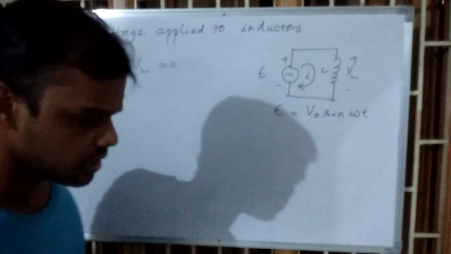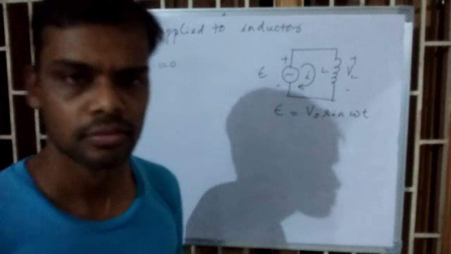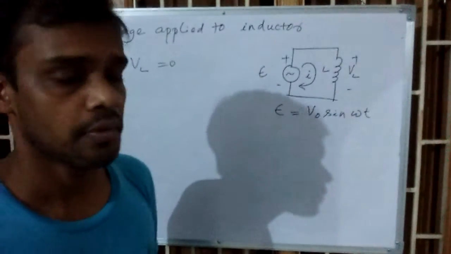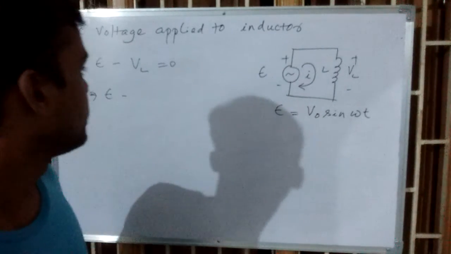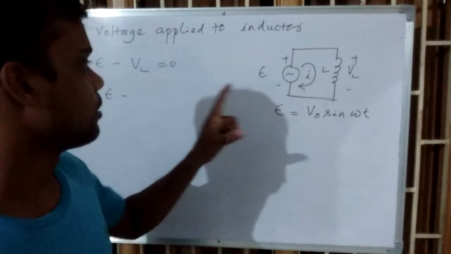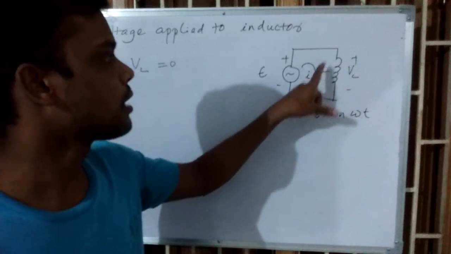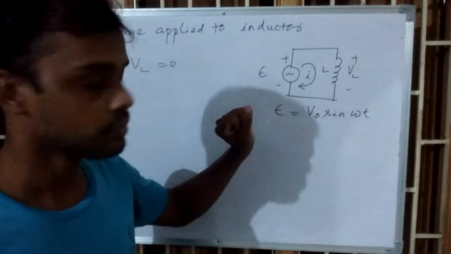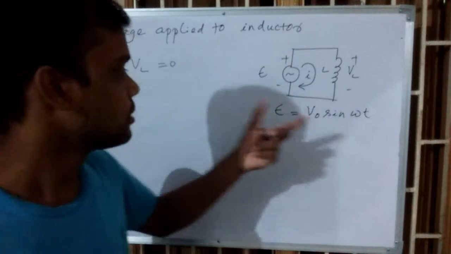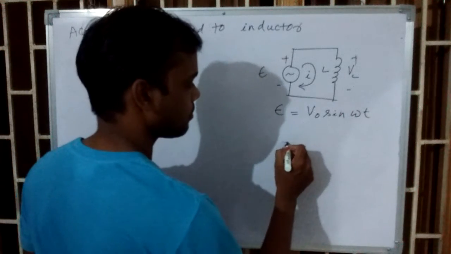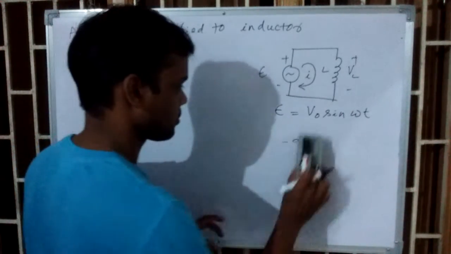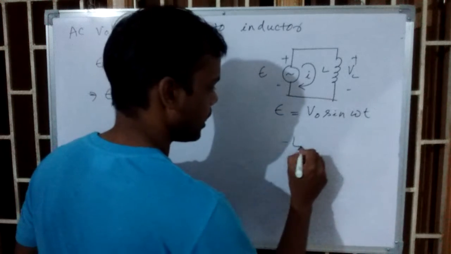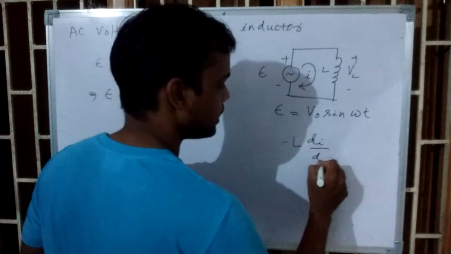VL is from electromagnetic induction. We have already studied in our inductor topic that the voltage across an inductor by self inductance is nothing but minus L di by dt.